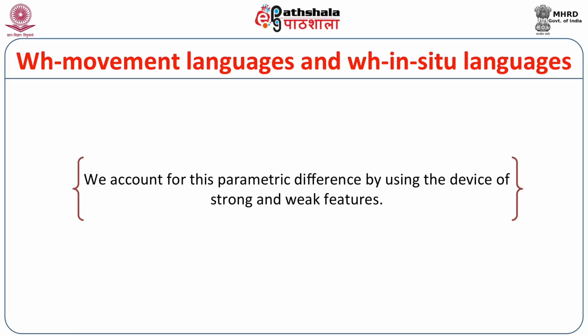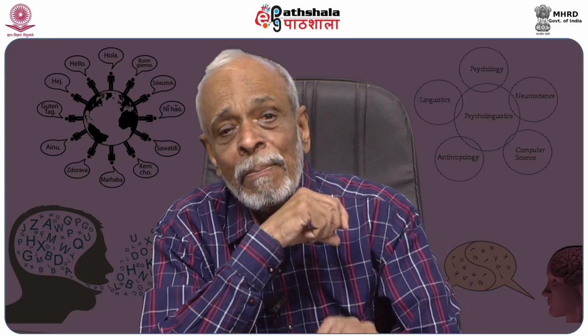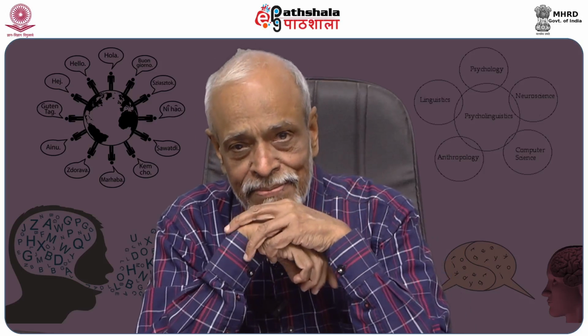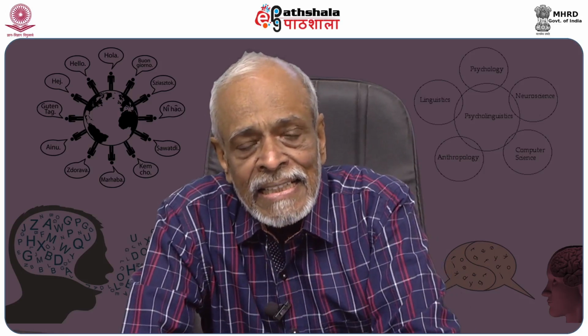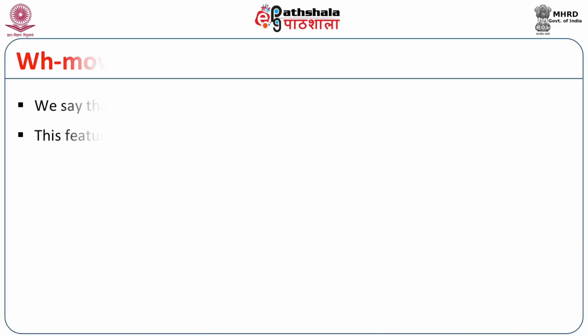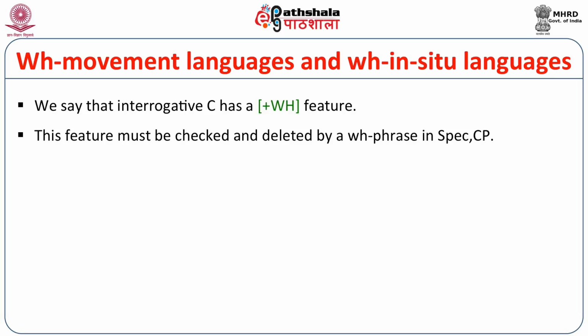So how do we implement this parametric difference? We again appeal to strong and weak features. We say that the head of the comp node, the C node, has a plus WH feature.